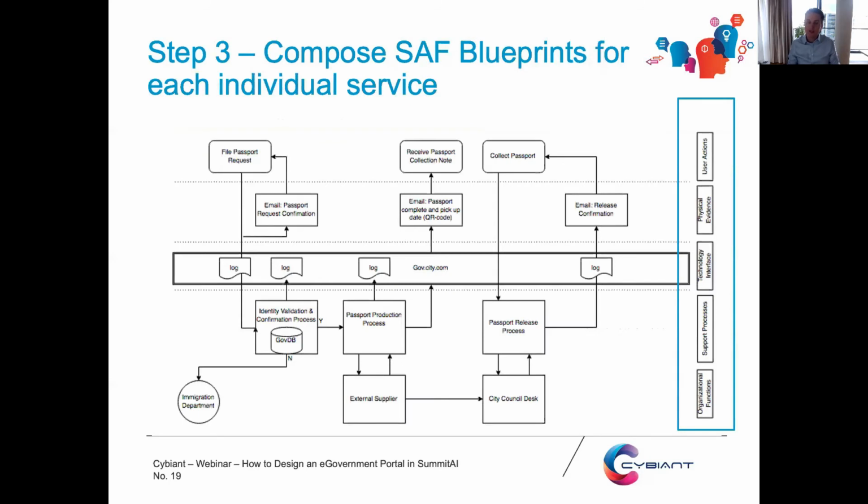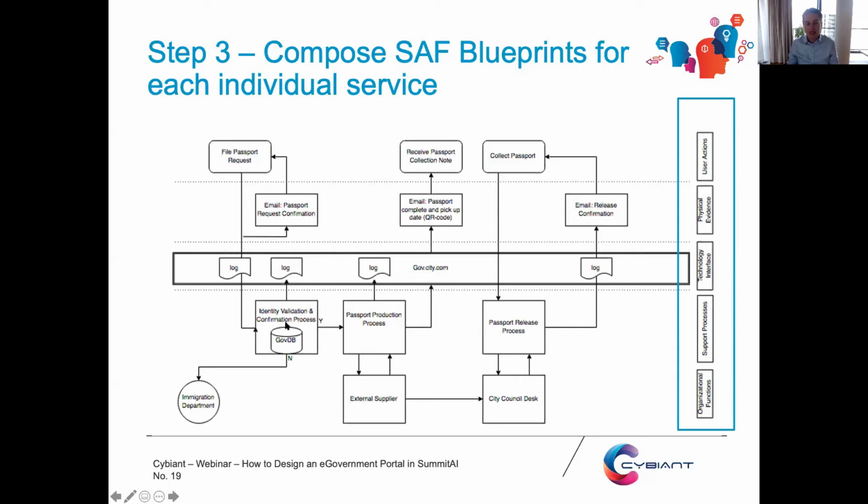As soon as we've written our service catalogs, the next step is to compose service automation blueprints for each and every individual service. On the slide in front of you, you see an example of how a service to request a new passport would look. At the top of the slide, you see the user, and the user interacts with the self-service portal. The user files a request for a passport and receives a notification back that the passport has been requested.